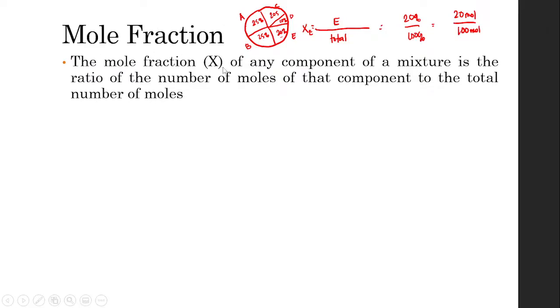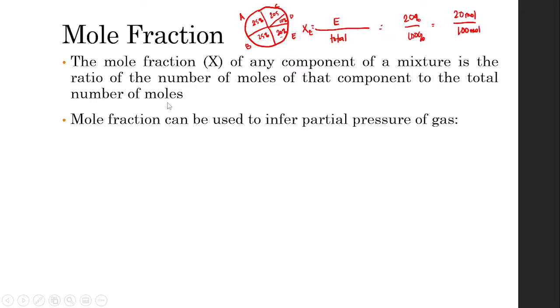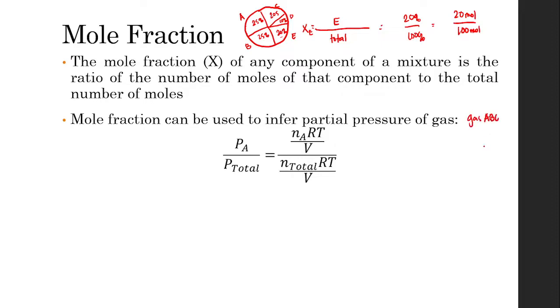And if we relate that to gas pressure, we can get something like this, where we look at the partial pressure of a single component of gas, in this situation gas A. Let's think of our gas as a gas mixture of A, B, and C. The partial pressure of A is equal to the number of moles of A times RT divided by V, and we can create another ratio, but this time between the partial pressure and the total pressure.